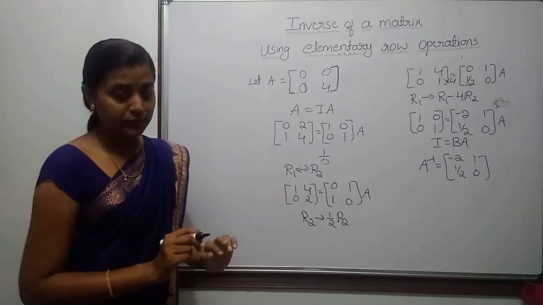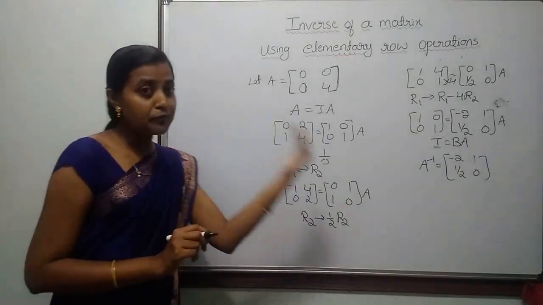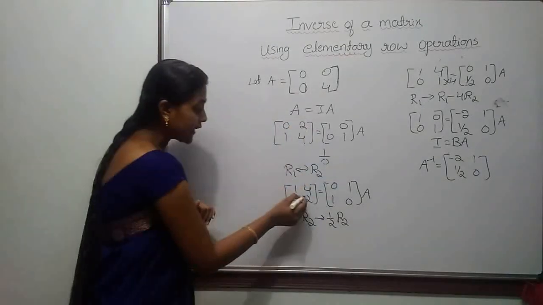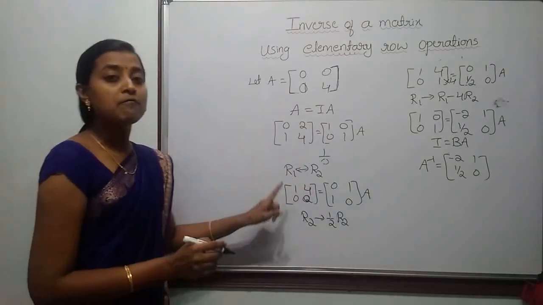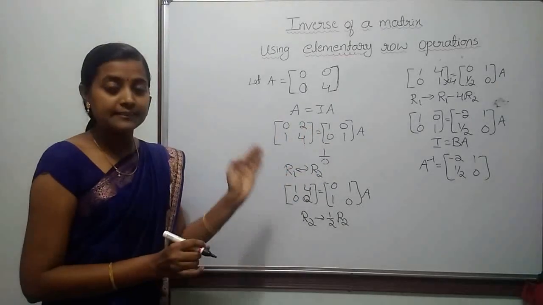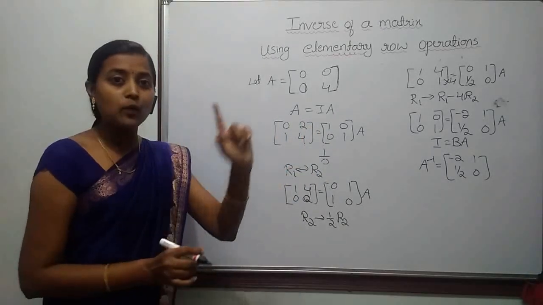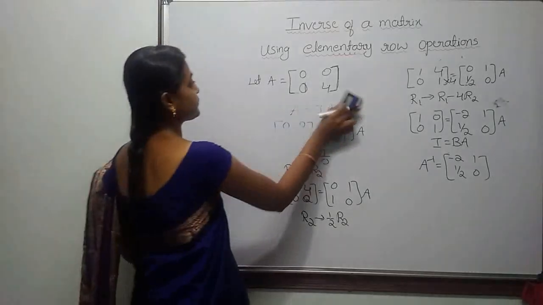And suppose if after applying one or more row operations, if you are obtaining all elements of any row as 0, then also we say that the inverse of the matrix does not exist. This is an important note. Now observe one example so that you can understand this note.